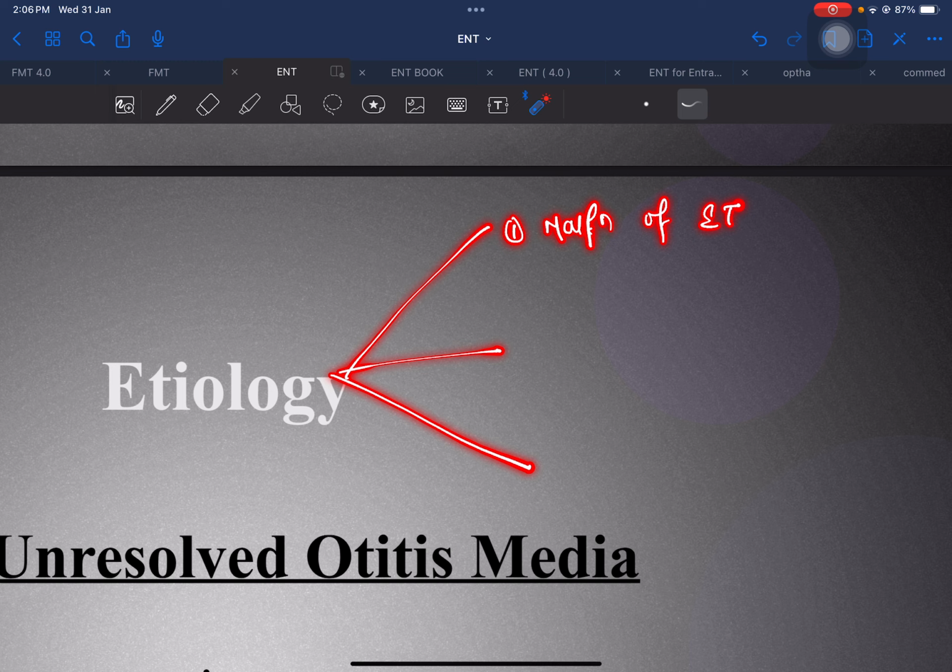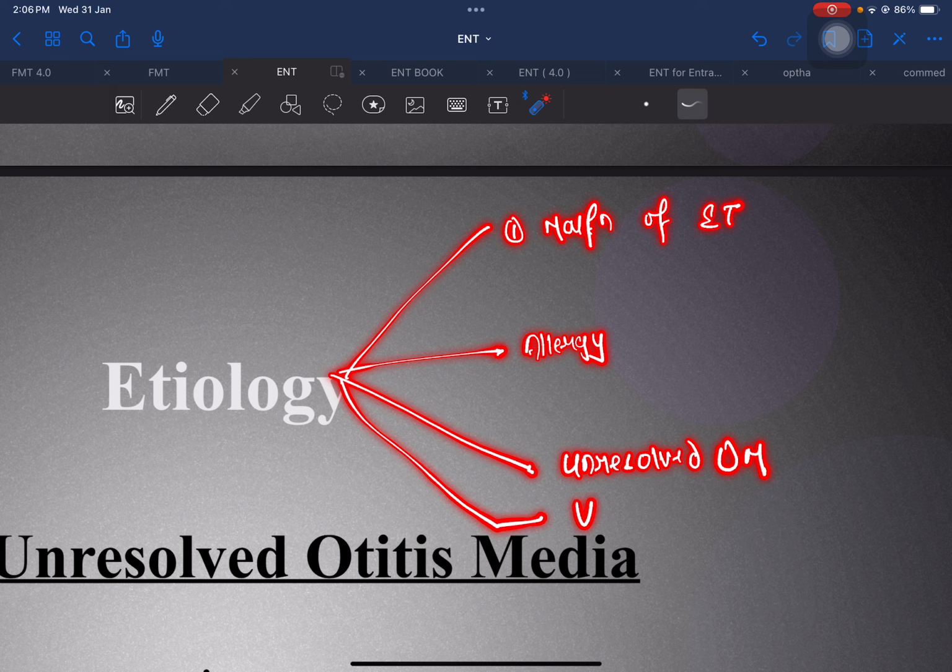And another is allergies, right? Because of allergies. And another is unresolved otitis media. Similarly the other is viral infection. Similarly the next one is increased secretory activities of the middle ear mucosa. I already mentioned these things.